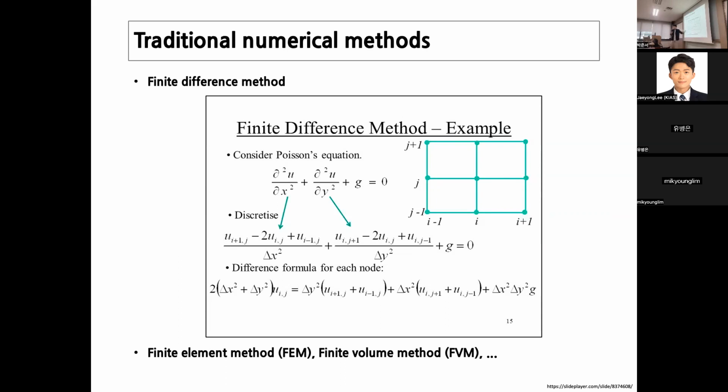So that's FDM, and there are many other numerical methods, such as the finite element method, where we discretize the domain into triangles and have a local basis in each element, and then we find the coefficients related to this local basis.